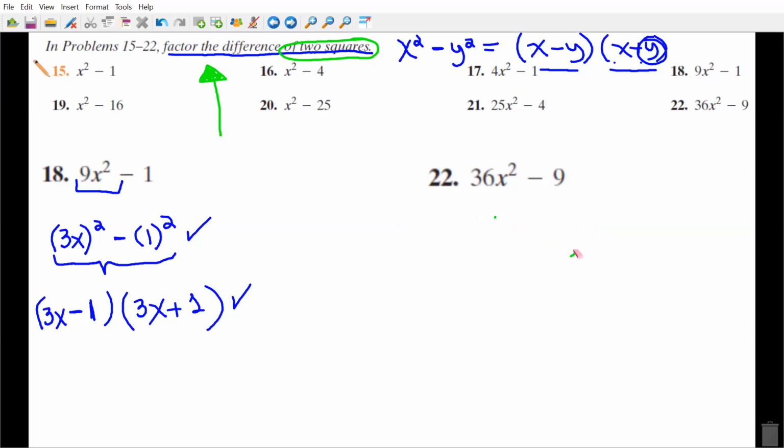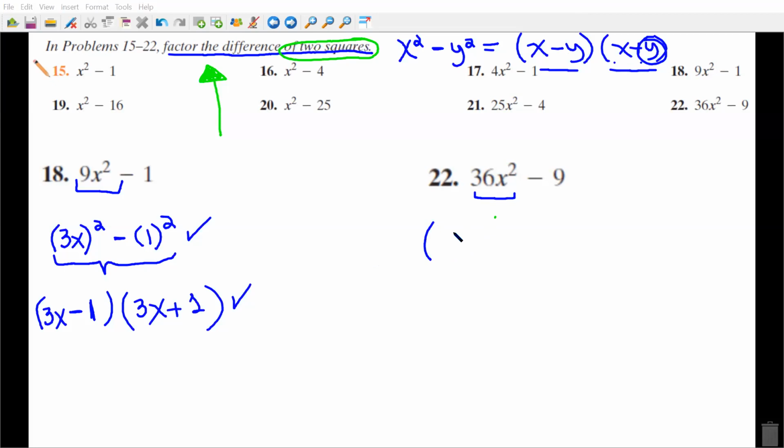What we have over here, if you want to understand, I recommend you organize your ideas like this. 36x squared. What is the square root of 36, guys? 6. Very good, David.